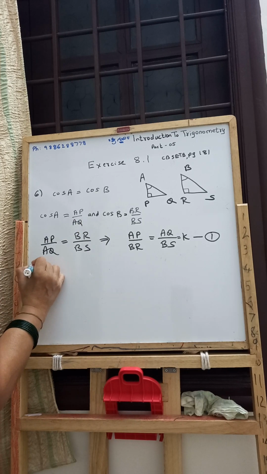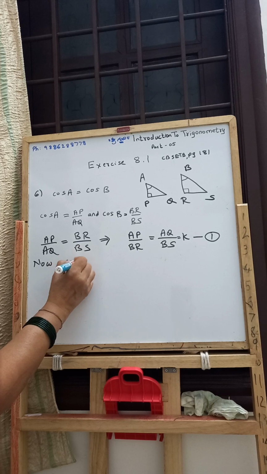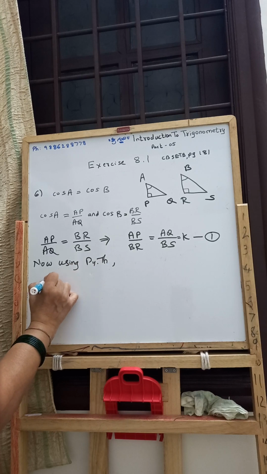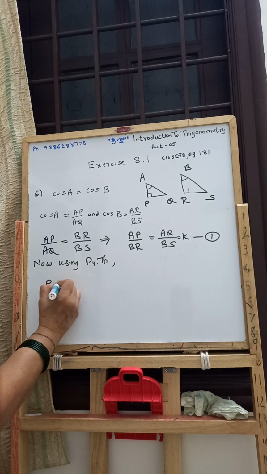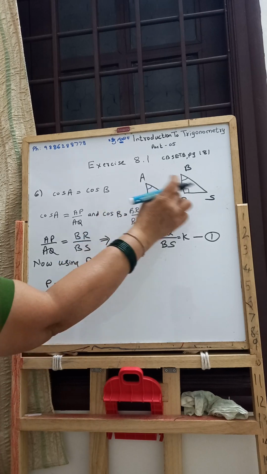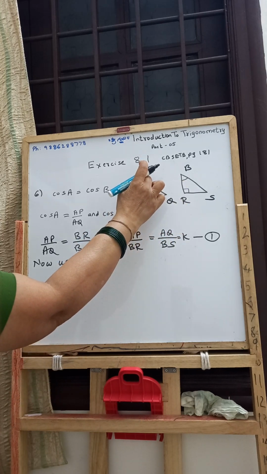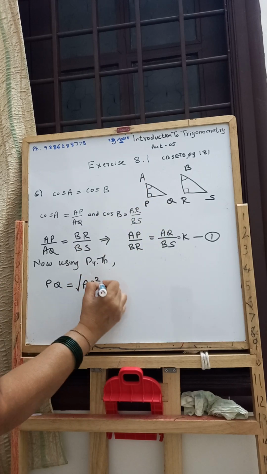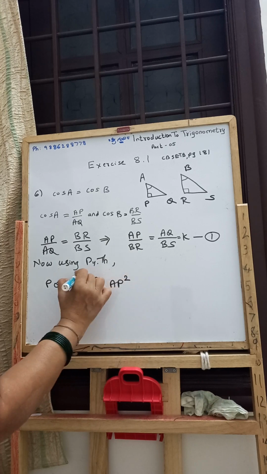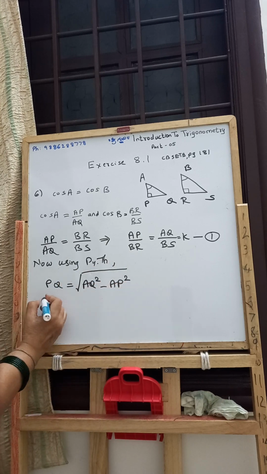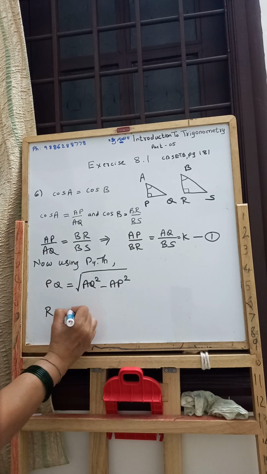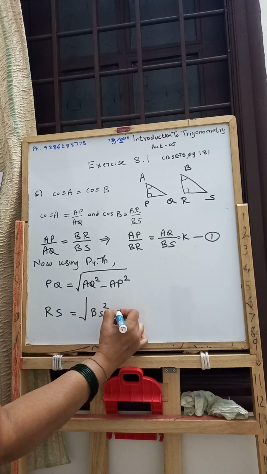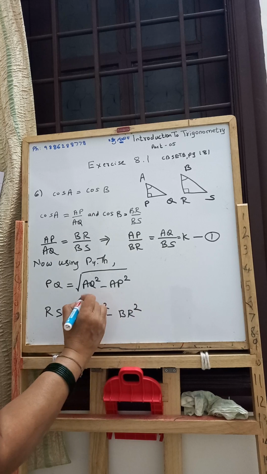Now using Pythagoras theorem, PQ in triangle APQ, PQ is equal to square root of AQ square minus AP square, and RS is equal to square root of BS square minus BR square.